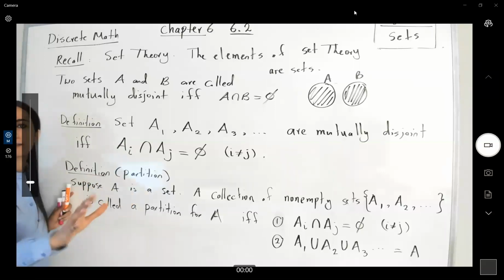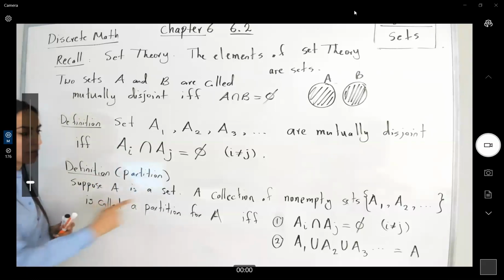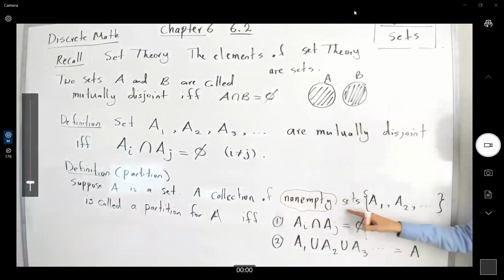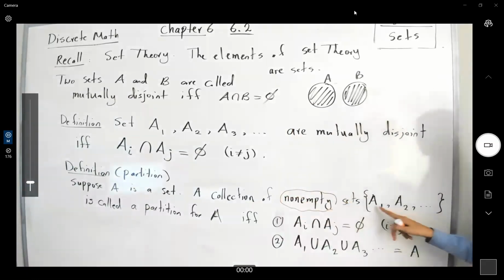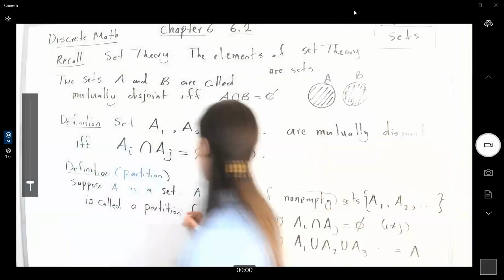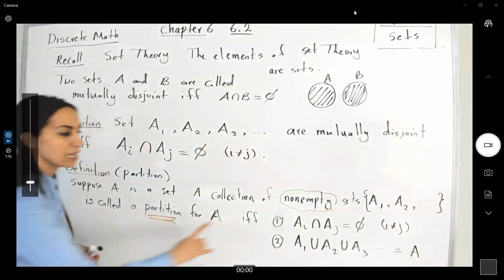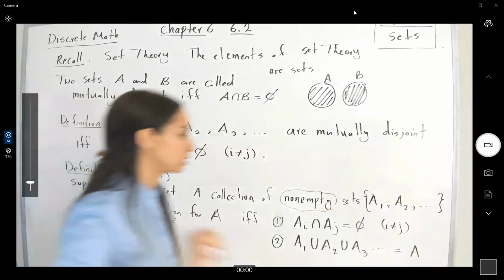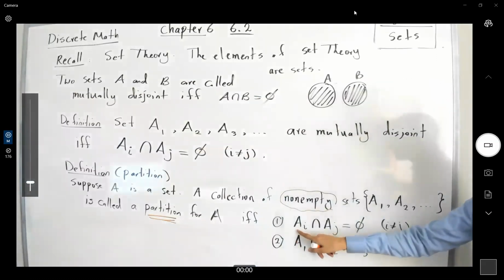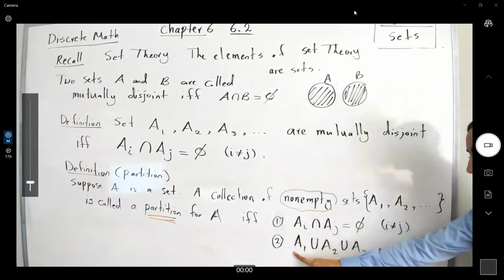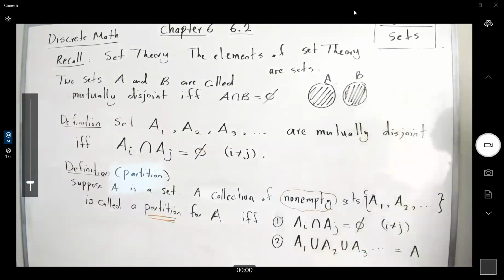Suppose A is a set. A collection of non-empty sets A sub 1, A sub 2, the rest of them is called a partition for this large set A if and only if we have these two conditions. First of all, they are mutually disjoint. Second of all, their union is equal to set A itself.